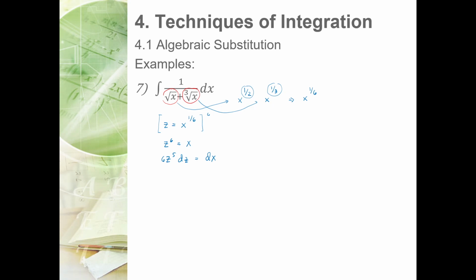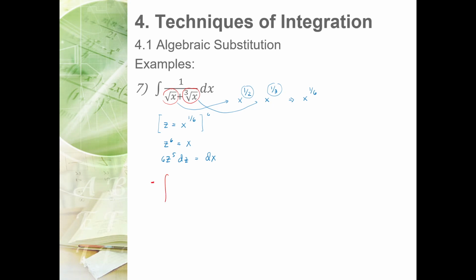The purpose of having x to the power of 1/6 is so that we can eliminate both radical expressions in one go. If you replace the terms now, you can observe that both radicals disappear here, right?